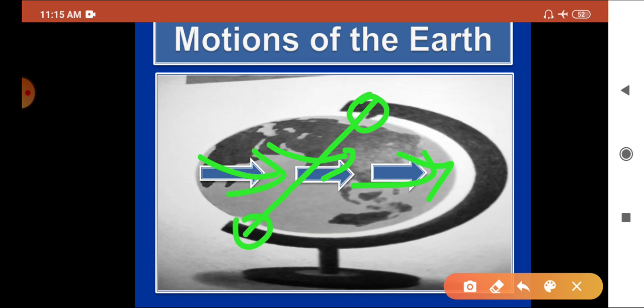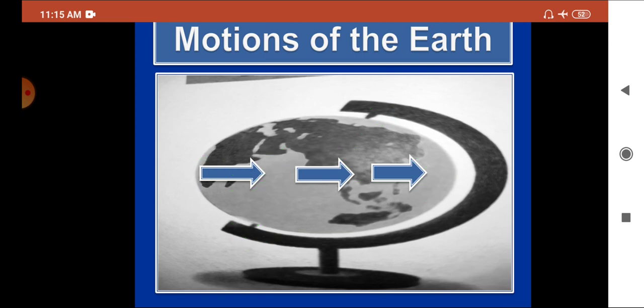So this movement of the earth on its axis, although this axis is not a real line, it is an imaginary line, is called rotation.